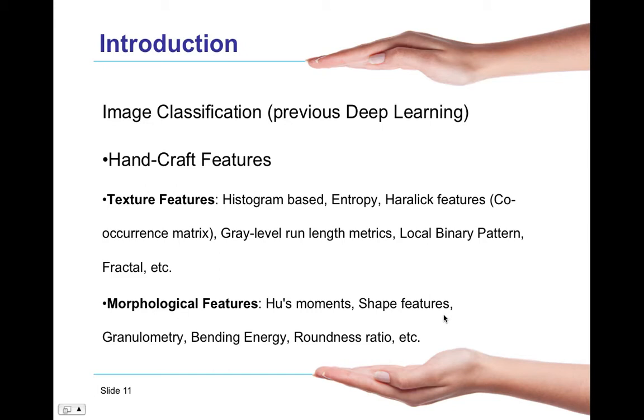If you want to look for something specific, like a shape, you can extract that handcrafted shape feature and compare those data to do the classification. Basically, you have texture features and morphological features.